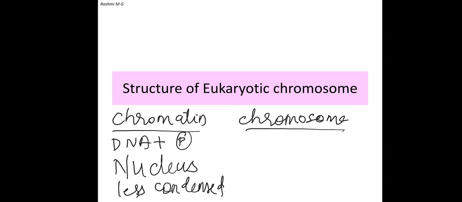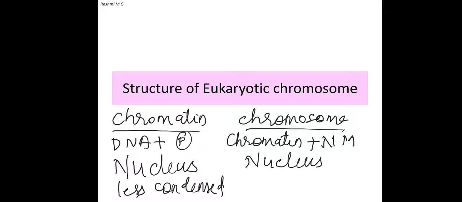So what about this chromosome? Chromosome is made up of chromatin plus something new, that is nuclear matrix. And where is it present? It is present in the nucleus itself. It is highly condensed.